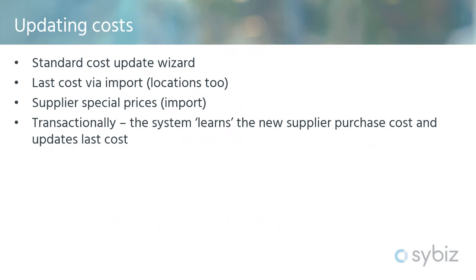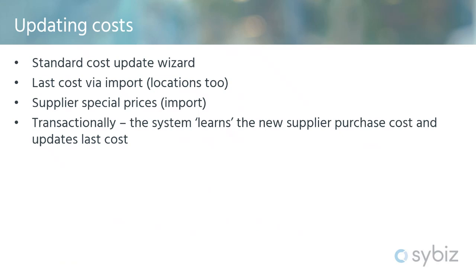The last cost can be updated via import, so you can do that on a location by location basis or on the actual product itself. If you do a little bit of both on the same product, it's a good idea to update your product level last cost first, because that'll cascade down to all of the locations, and then you can do your location specific last cost import update, and that will do what you need it to do in that circumstance.